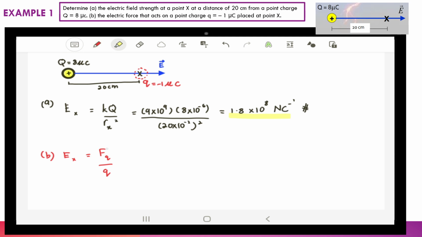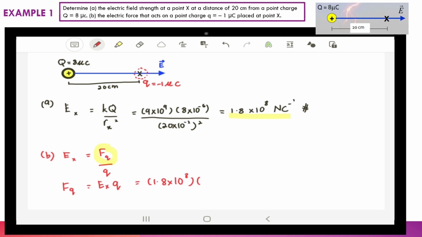We want to find the electrostatic force that acts on q, so we can rearrange the equation as we have the value of the electric field strength at point X. We already know EX, so we can straightly calculate Fq, where Fq is equal to EX times q, and EX is 1.8 exponent 8, and the charge here is negative 1.